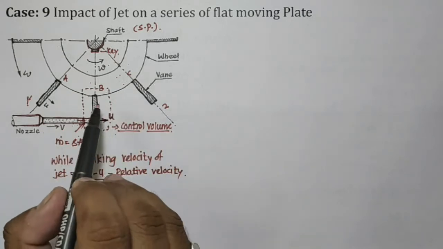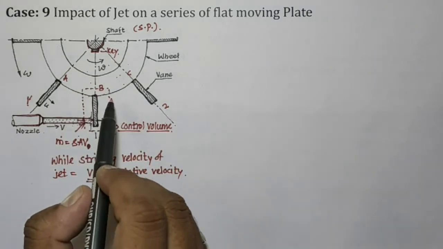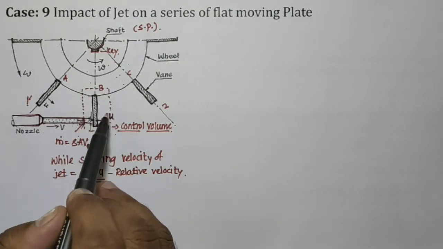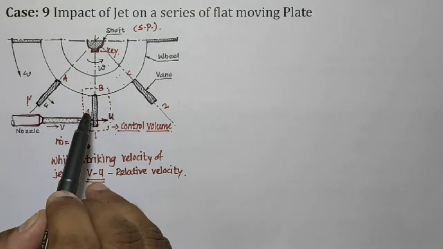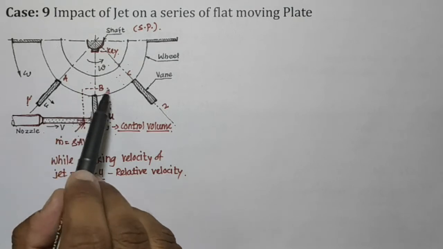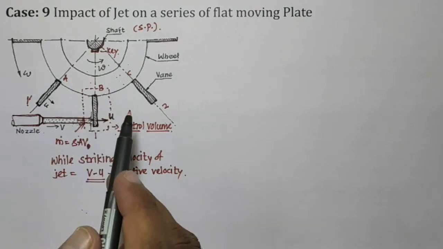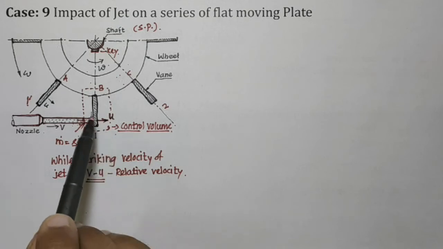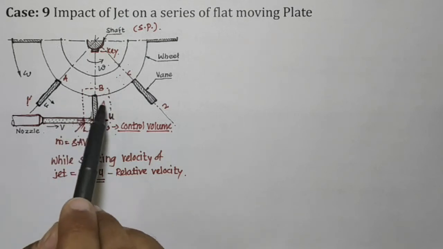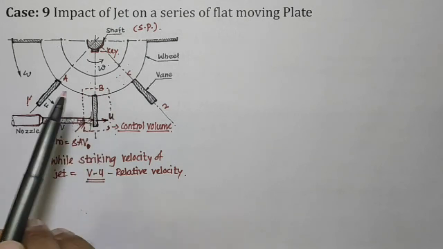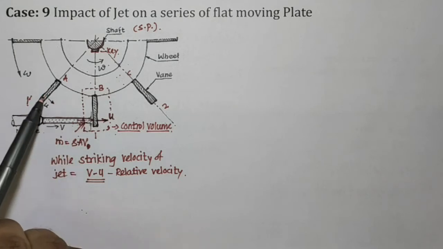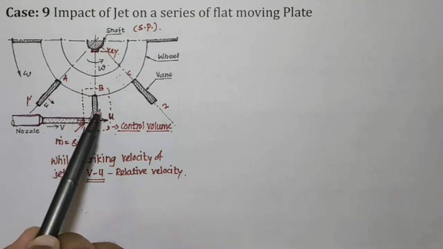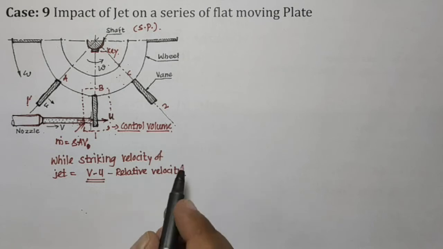The transmission of energy occurs only within this particular location. This control volume does not change its location. The only thing is that these plates replace each other, and there is continuous energy transmission.